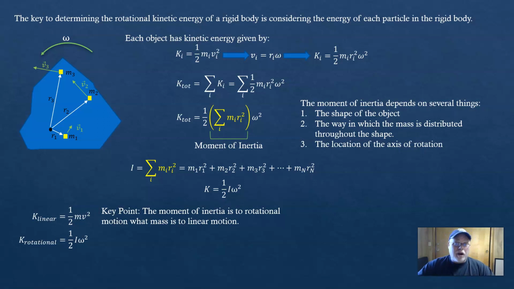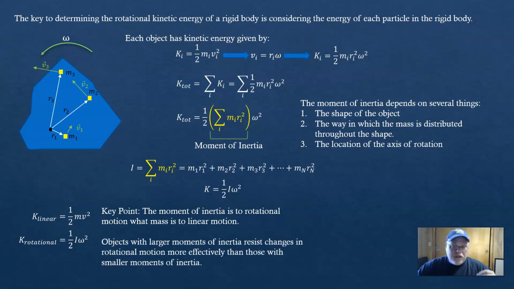Objects with larger moments of inertia resist changes in rotational motion a lot more effectively than those with smaller moments of inertia. And so, the moment of inertia is to rotational motion what mass is to linear motion. Okay? So it's really important. Everything that goes on rotationally depends in one way or another upon that moment of inertia for the object that you're looking at. Okay, so let me just demonstrate what I'm talking about here.